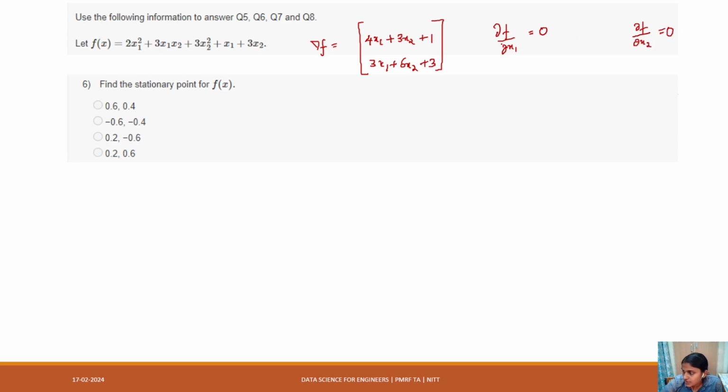Substituting both, you get two equations: 4x1 plus 3x2 plus 1 equal to 0, and 3x1 plus 6x2 plus 3 equal to 0. You can solve these two equations and tell me the answer for x1 and x2. You can use your calculator and tell me the answer.